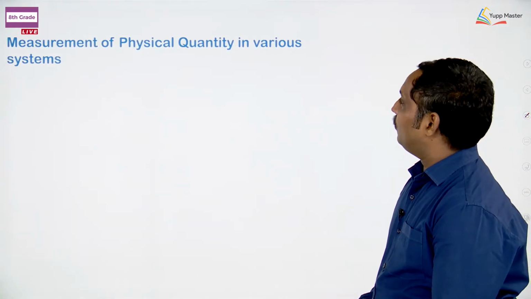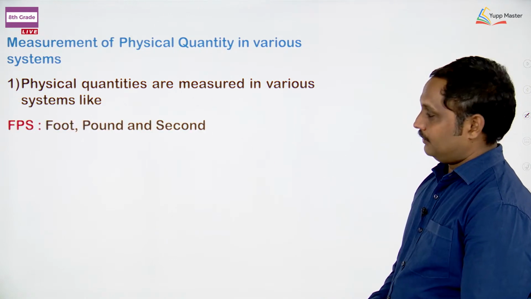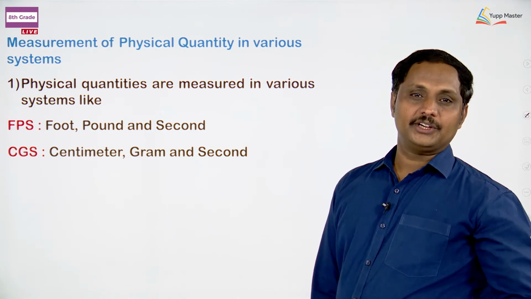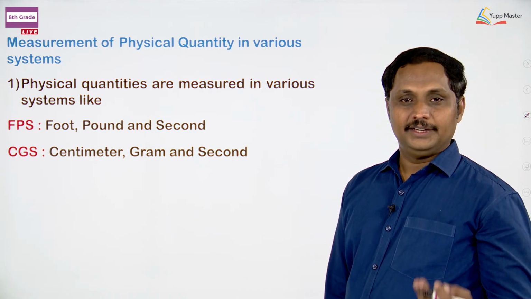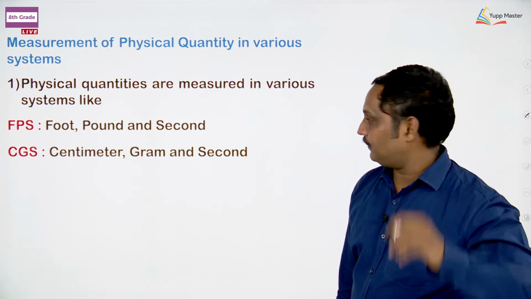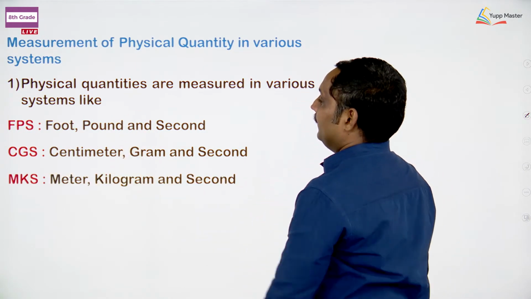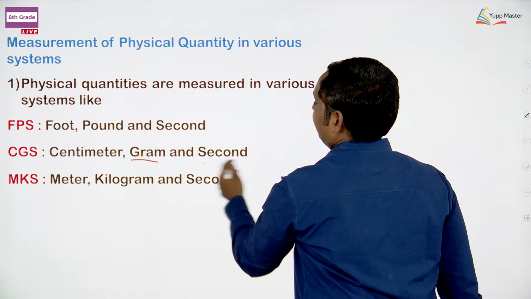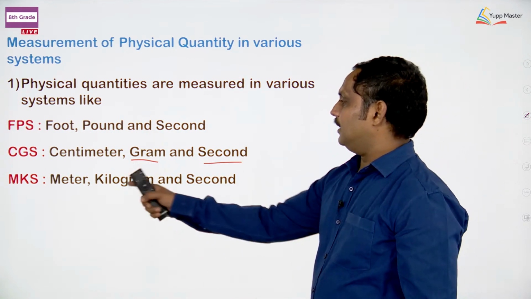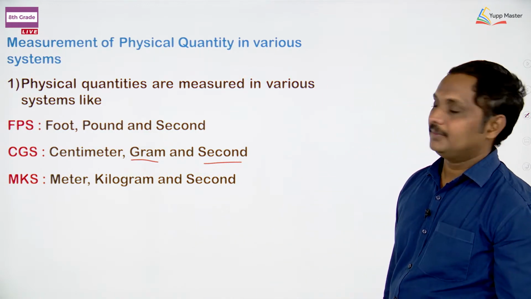Measurement of a physical quantity in various systems. You can measure in various systems, like if you are going to buy a product from different parts of the world, you might have different measurements and specifications. Sometimes mass is measured in pounds, and in the CGS system in grams and seconds, and in the MKS system you can take meter, kilogram and second.